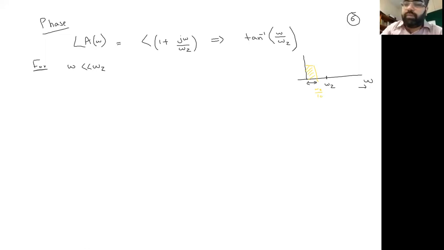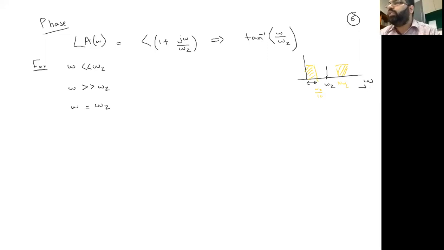Similarly, when omega is very much bigger than omega z, I'm talking about this area, after at least 10 times omega z. So we need to identify the less than and greater than meaning. And also omega is equal to omega z, and we can talk about this area this time.